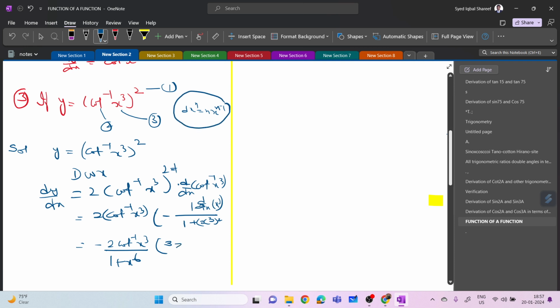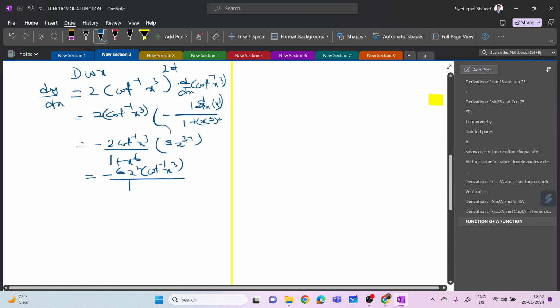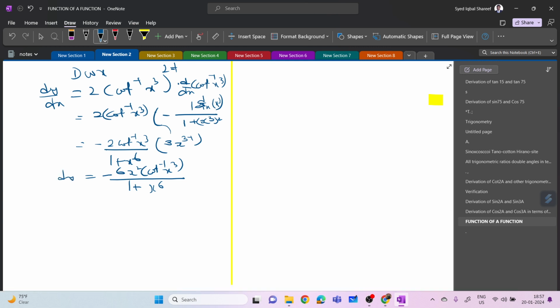So 3 into x to the power of 3 minus 1. Now this 3 will go to here. So 3 times 2 is 6 x square cot inverse x cube, divided by 1 plus x to the power of 6. This is dy by dx.